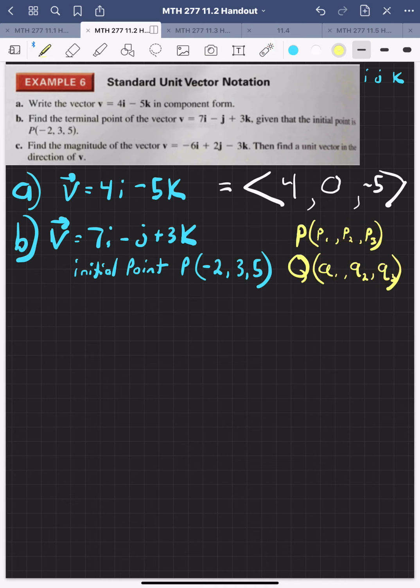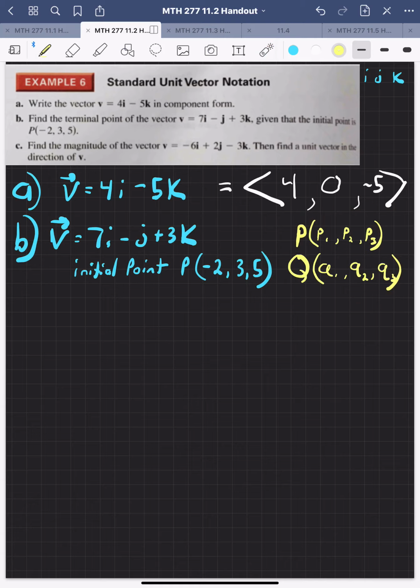All right, please stay with me. Let's assume that you were given these 2 points, P to Q. Remember how we could go to component form? Do you remember what we would do?